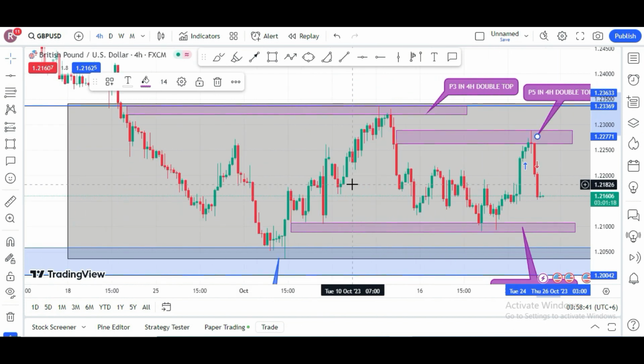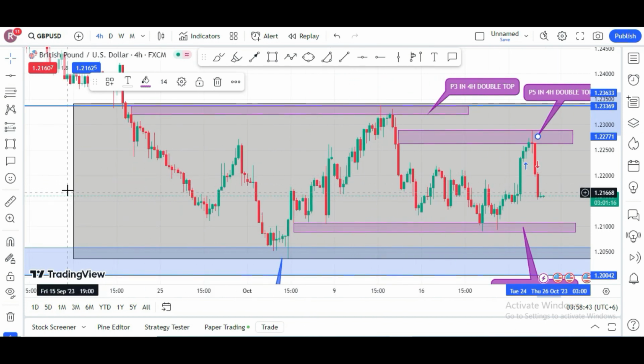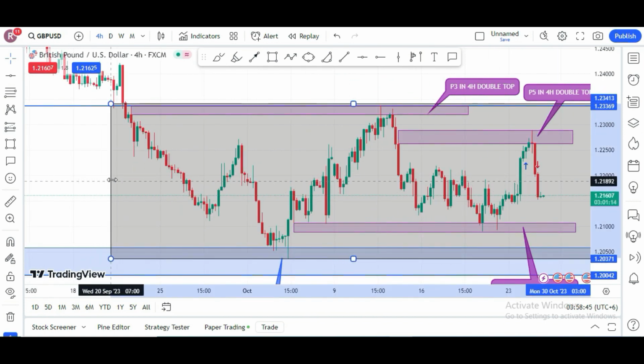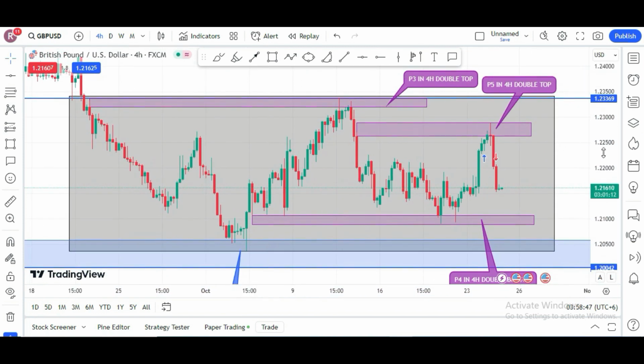This is the range it is operating in, as you see, for a very long time, for the last 1 month, and it is not coming out of it. Until it comes out of this ranging box, there will not be any big changes in GBPUSD for swing traders.